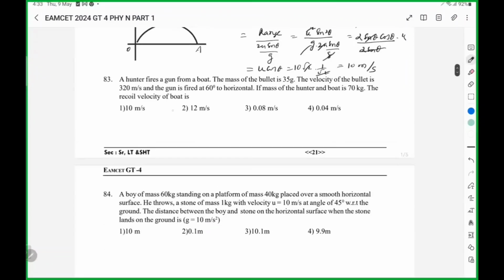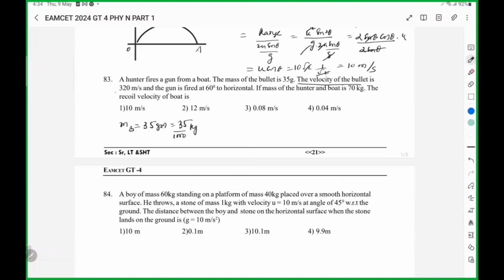A hunter fires a gun from a boat. The mass of the bullet is 35 grams, which is 35 by 1000 kg.